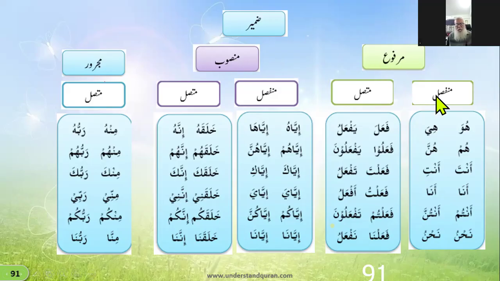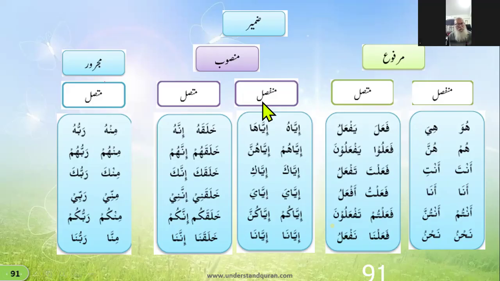When they are marfu, they either come munfasil like huwa, hum, hiya, hunna, anta, antuma, antum, anti, antunna, ana, nahnu. Or it come as a part of the verb attached. Marfu: fa'ala, fa'alu, fa'alta, fa'altu, fa'altum, fa'alna. Yafalu, yafaluna, tafalu, afalu, nafalu. They all verbs which are in them, they are marfu and muttasil.